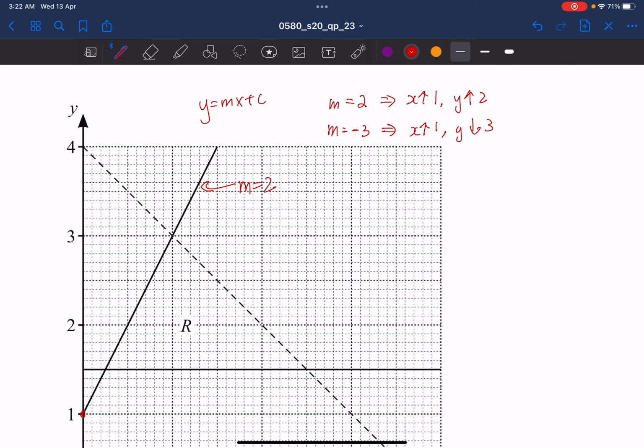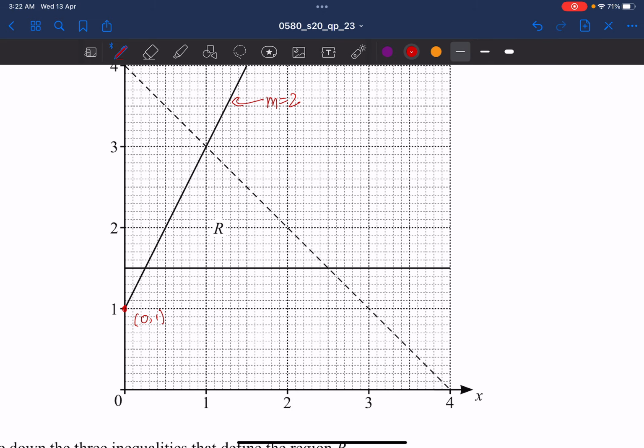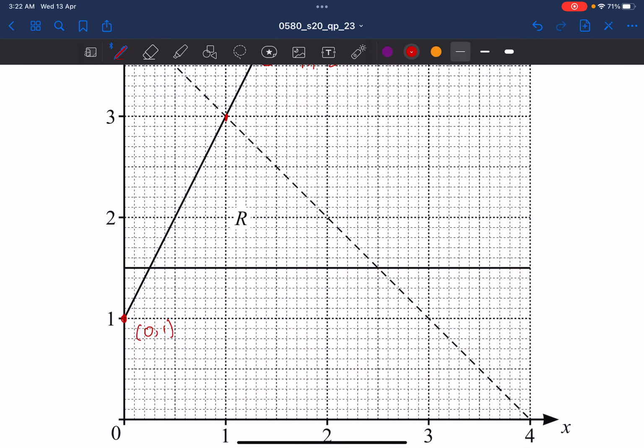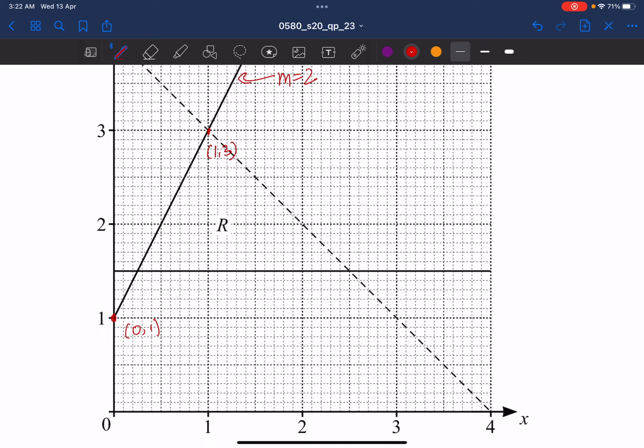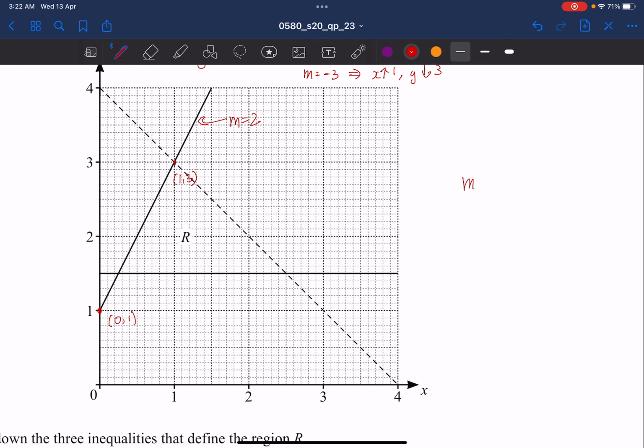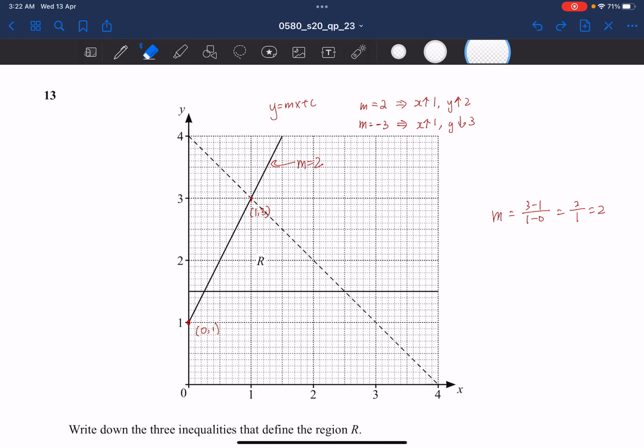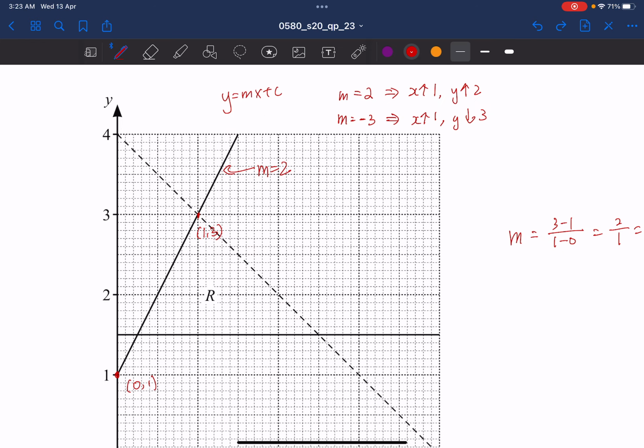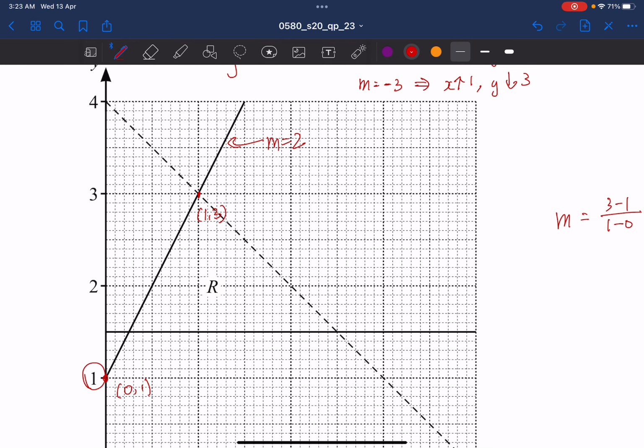Let's say this point is 0, 1 and this is 1, 3. The gradient of the solid line is y2 minus y1 over x2 minus x1, so it's 2 over 1, which is 2. Same as what we did just now. And this line passes through 1, so the equation is y equals 2x plus 1.